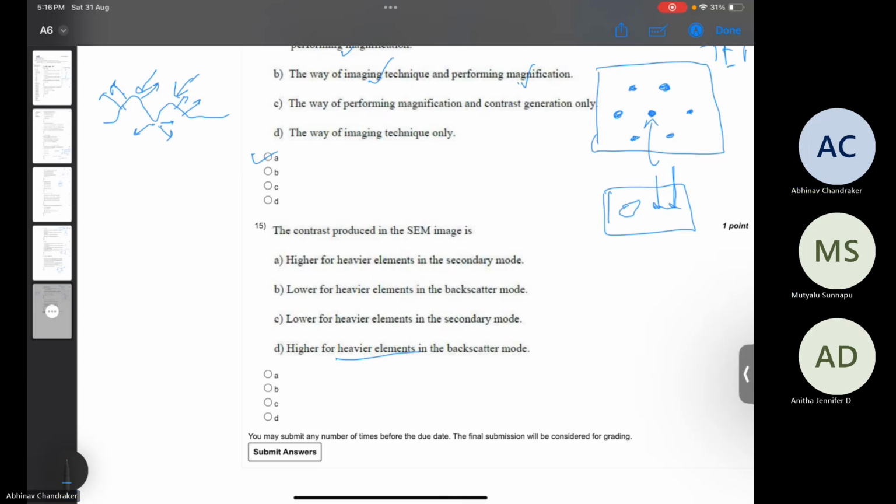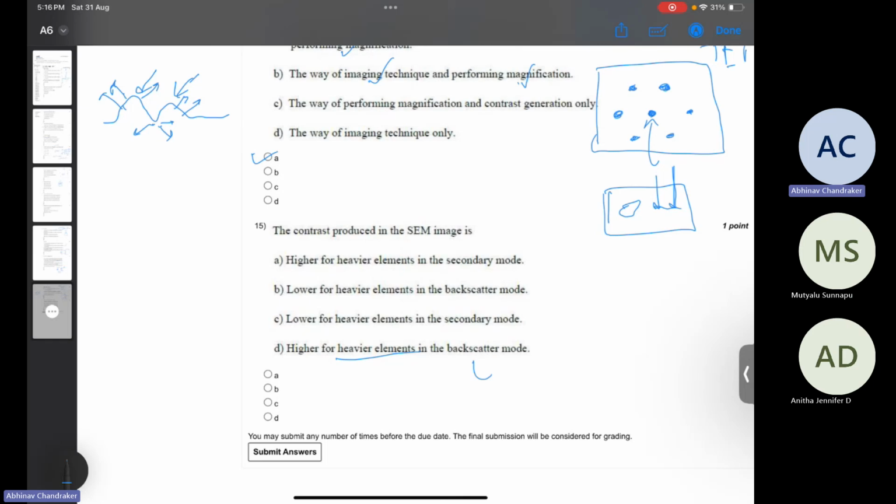But we know that SE generation is not affected much by the atomic number, because it is basically an electron getting knocked out from the material atom, which is near the surface. So even if the atom is of a different element, its effect on the generation or yield of SE is not much.